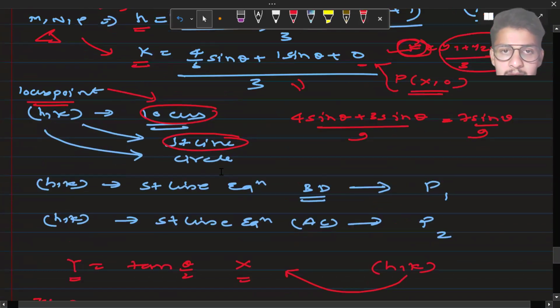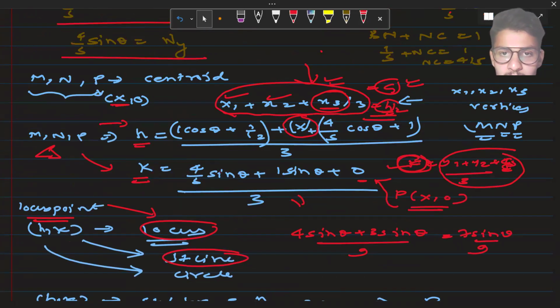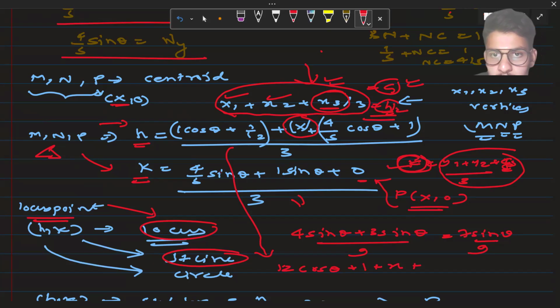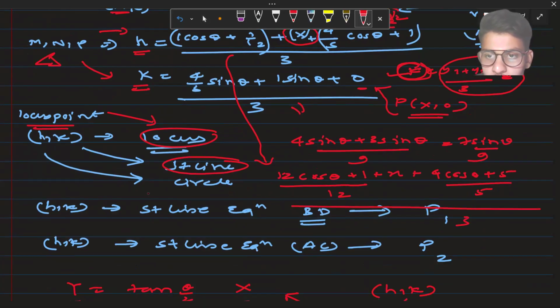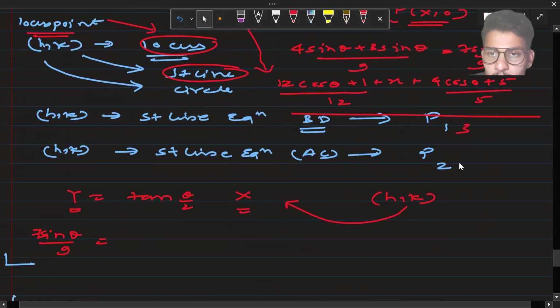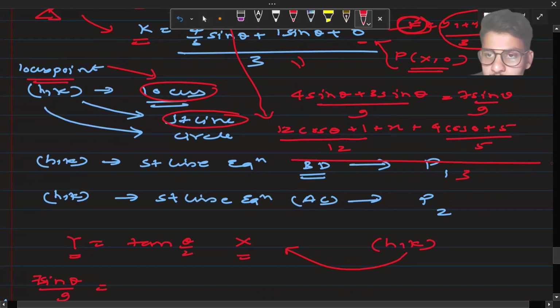And what will be the x? X will become, to calculate this, 12 cos theta plus 1 plus x plus, here 12 is there till here, and here 4 cos theta plus 5, and here 5 is there, and 3 is in the denominator. Calculate it further.